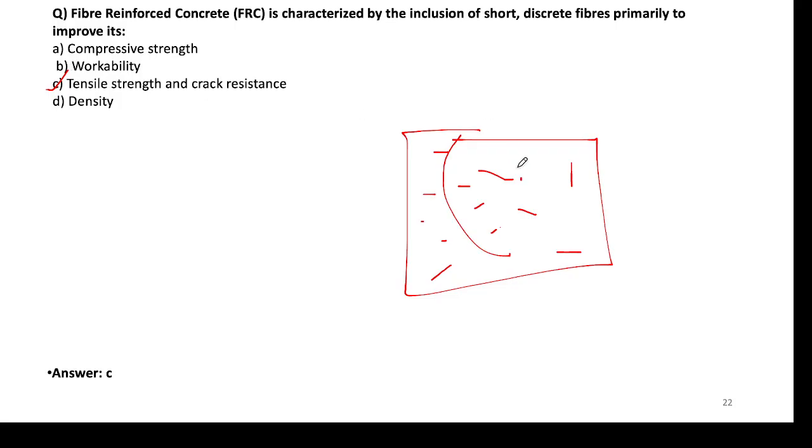For example, if a crack is happening in such a way, this fiber will bridge the gap and prevent further opening of the crack, which leads to an increase in tensile strength and crack resistance of the concrete. Eventually, we are increasing the tensile strength and the flexural capacity of reinforced concrete structures by using steel fibers.